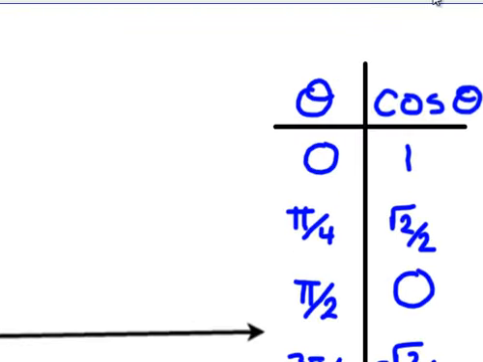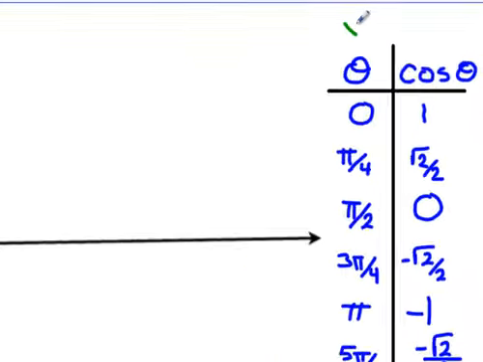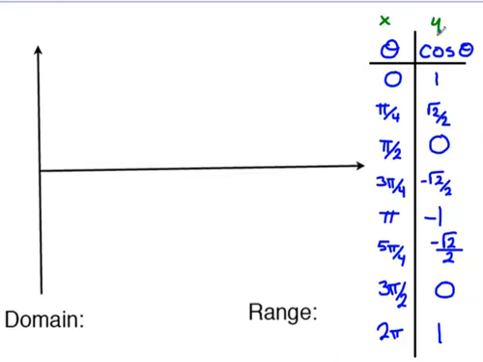Well, I'm looking at my cosine. Remember, this is going to be our x-axis here, and this is going to be the y-axis there. And I'm looking at these, and I'm seeing that basically I'm moving between -1 and 1. So let's label the y-axis accordingly. This is going to be 1, and down here we're going to have our -1. Okay, on the x-axis we need to put our angle, so let's do that.